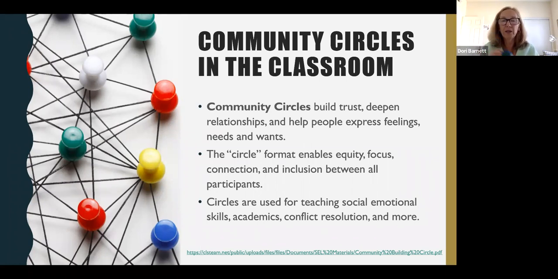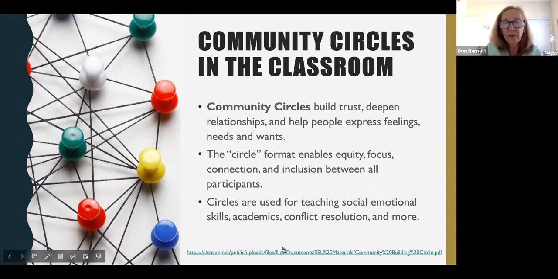And the talking piece means that if I hold the talking piece, I am the one talking, everyone else is listening. It's sort of a tangible object that focuses students. It can be proprioceptive, so those kids with a lot of kinks and activity, when they're holding the circle, it actually just sort of focuses them and calms them down, and it encourages everyone to have a turn and equity.